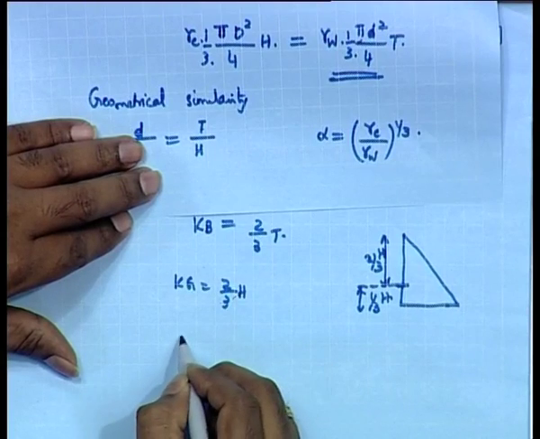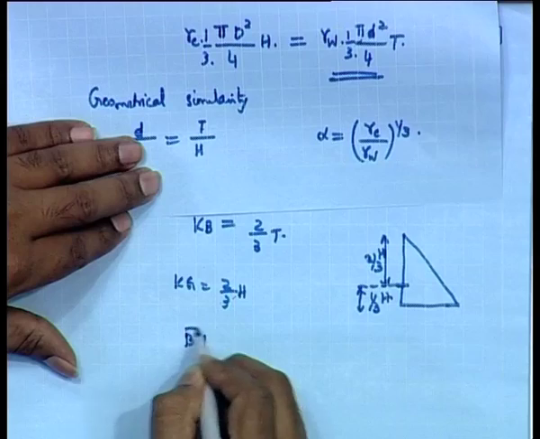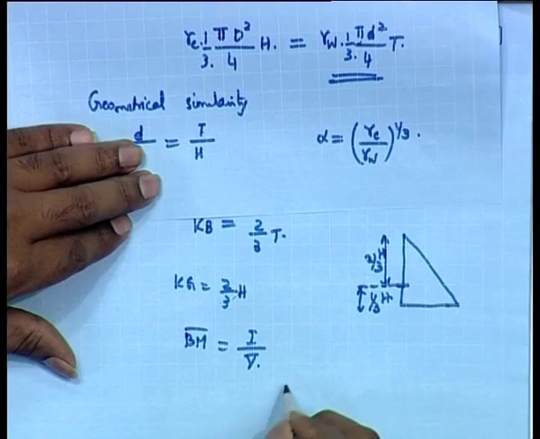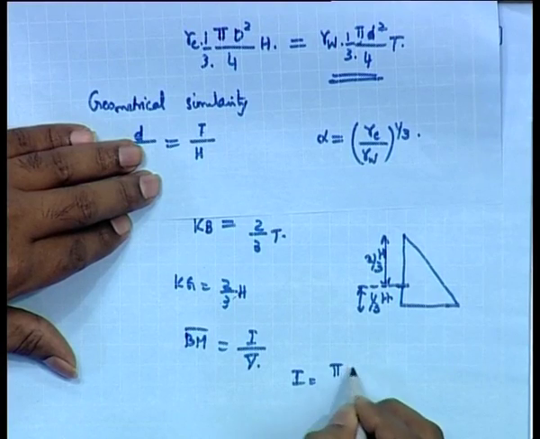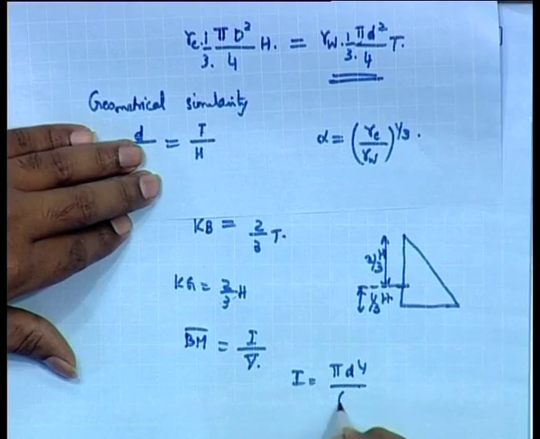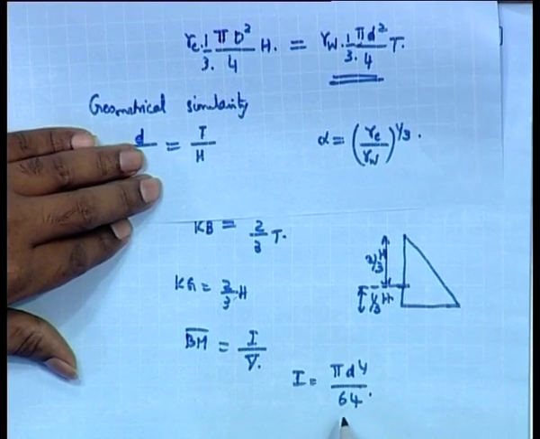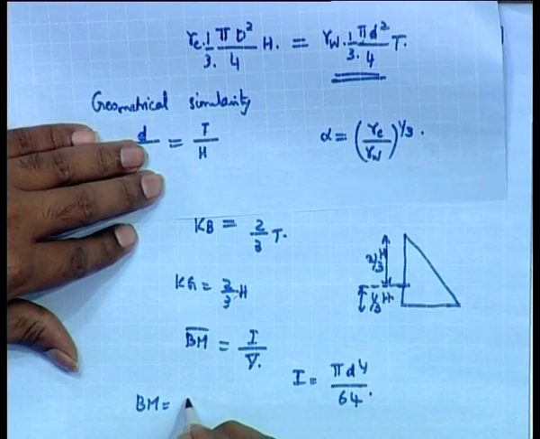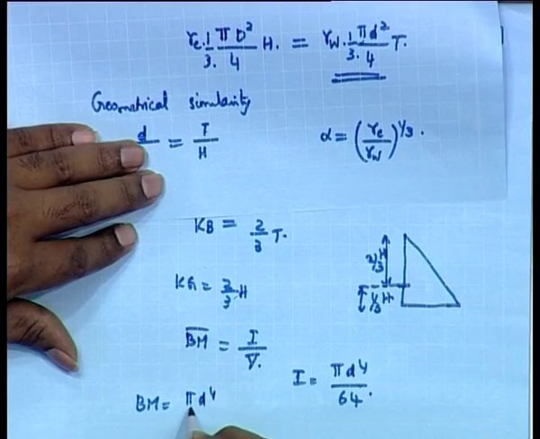And BM we have seen is equal to I by del, where I is equal to pi d power 4 by 64, and therefore BM is equal to pi d power 4 by 64 divided by del.